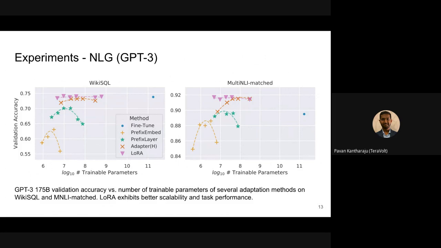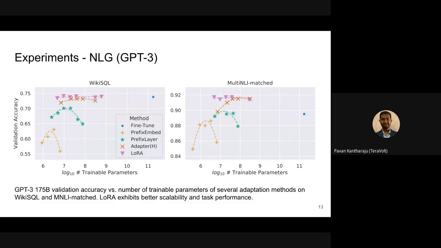What they noticed was that if you increase the number of trainable parameters, LoRA performs consistently, but there are other models which perform well and then just drop. For example, in this case, prefix embedding has that behavior, and also prefix layer has that behavior.